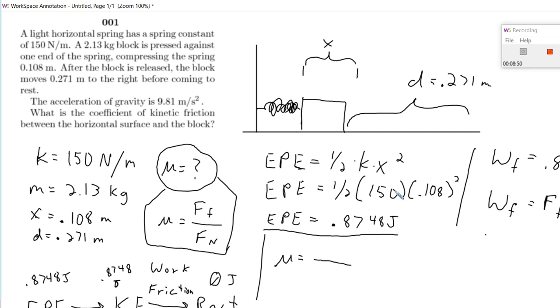0.8748. All right, so at that point, I'm going to take my original value for the work done by friction, again, remembering that that's definitely a negative value, but I'm going to go ahead and neglect the negative sign. 0.8748 will equal Ff times D, which is 0.271.